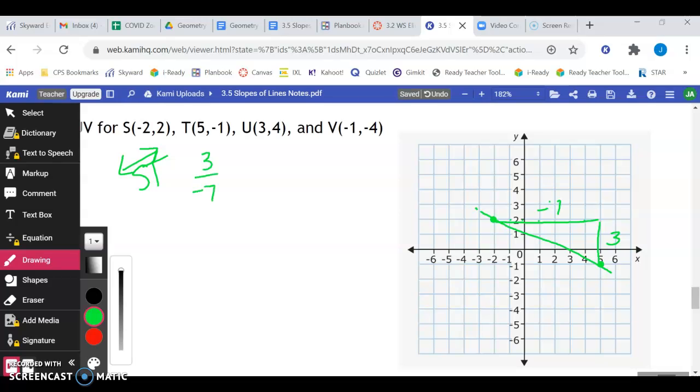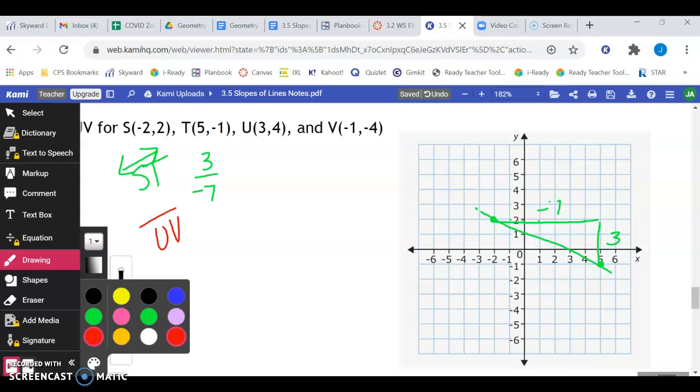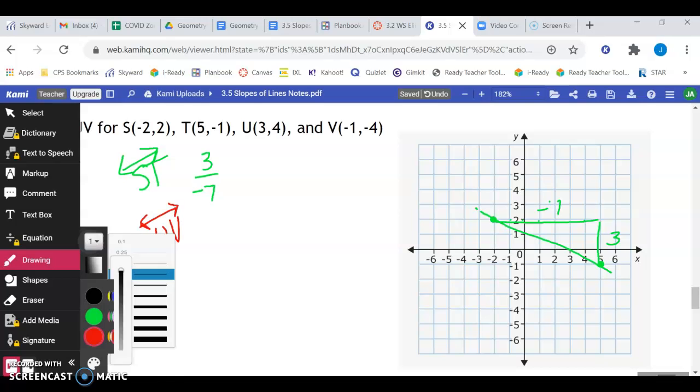So now let's do UV. Their points are (3, 4), over 3, up 4, and (-1, -4), over -1 and down 4. So these lines cross, so they're definitely not going to be parallel. So let's find the rise over the run.